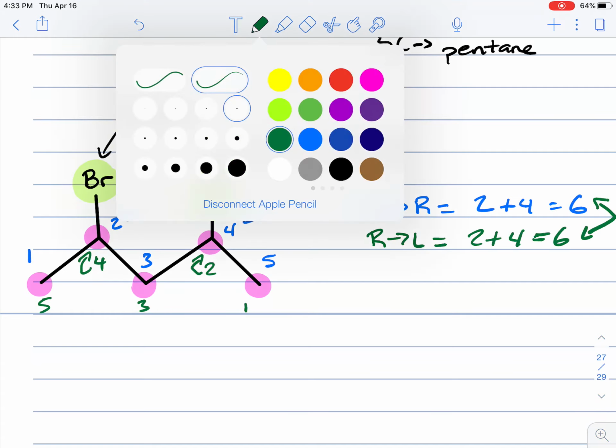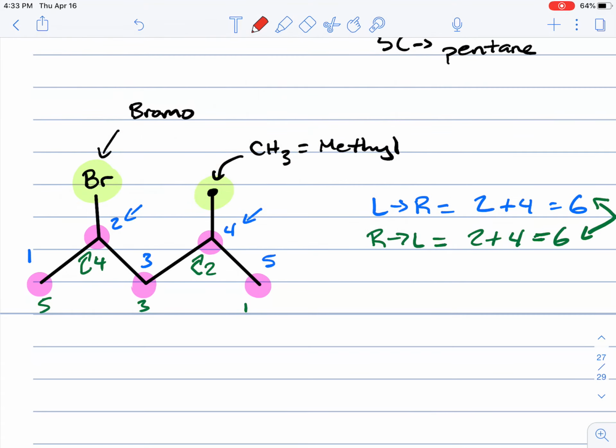Let's take a look at the first letter of each substituent. I have a B in bromo, and an M in methyl. If you were thinking about how to arrange these substituents in your final answer, the B in bromo comes first before M, because we're doing this in alphabetical order.